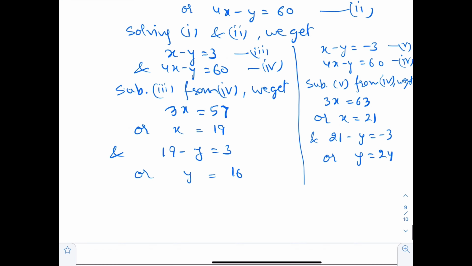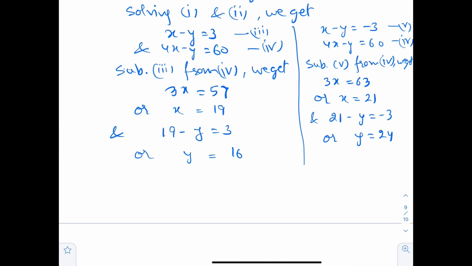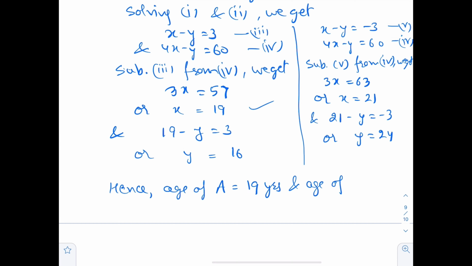So we have two cases. So hence, age of A equal to 19 years. Age of A जब 19 years है, then age of B equal to 16 years.